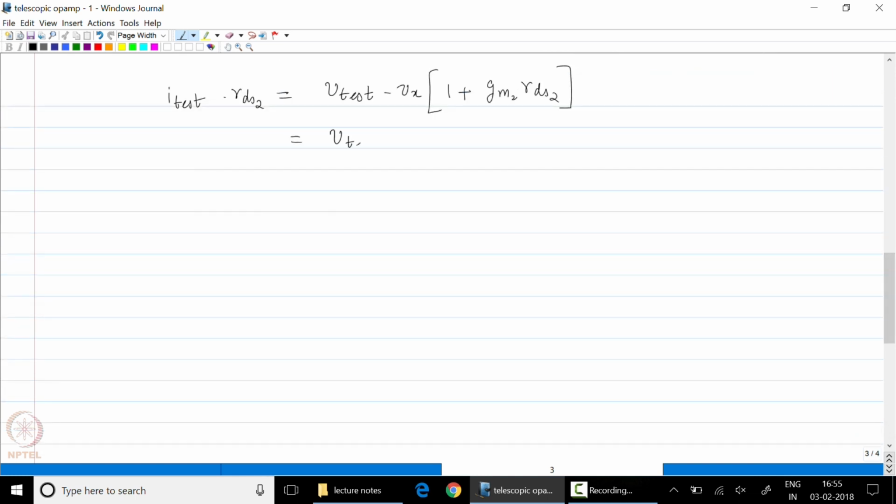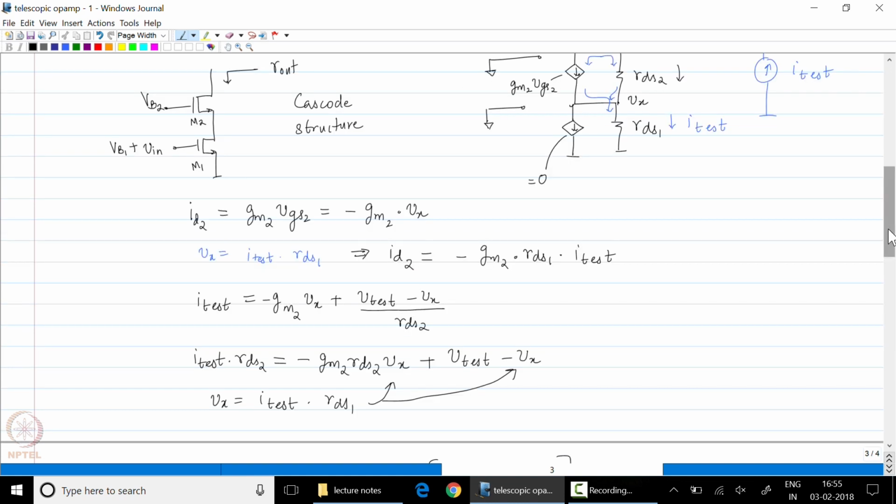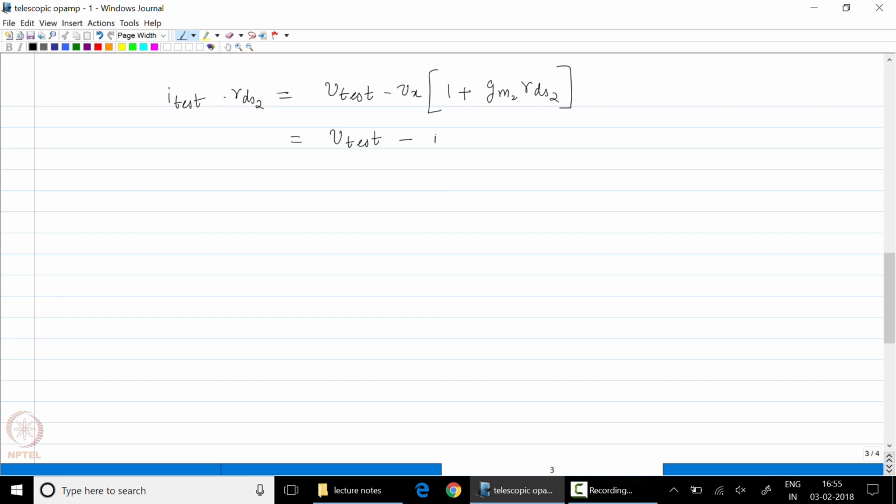This is V test minus I test into rds1 into 1 plus GM2 rds2.